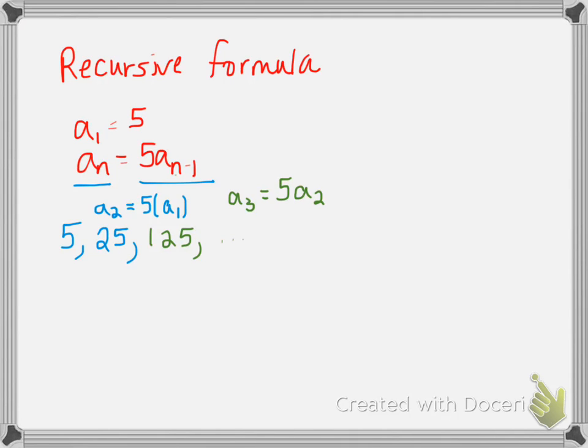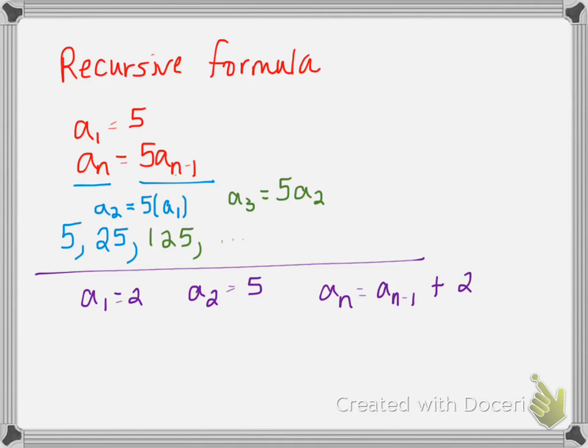So if I was looking for the 50th term, then A50 would be 5 times A49, which is the 49th term. With recursive formulas, there's lots of different ways that they can be written, so that was one example. Here's another example of a recursive formula. This particular example tells you the first two terms.